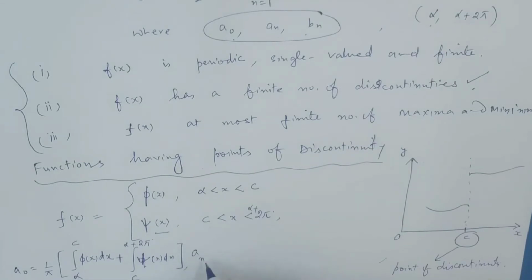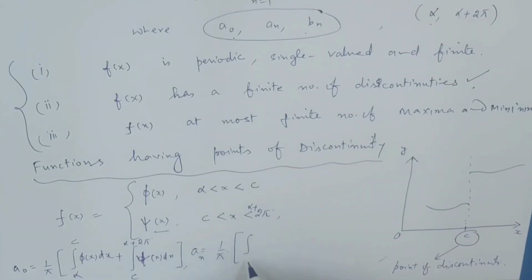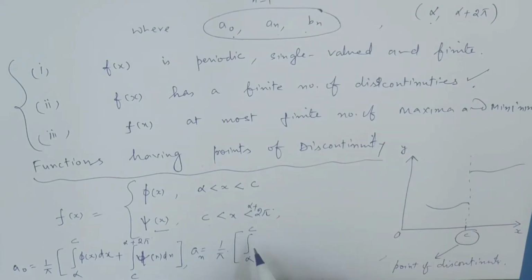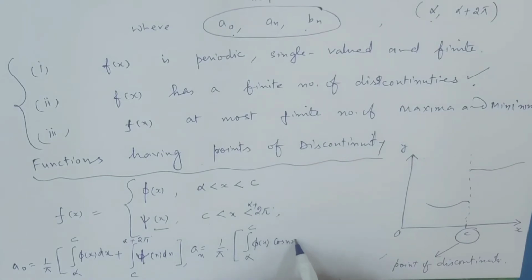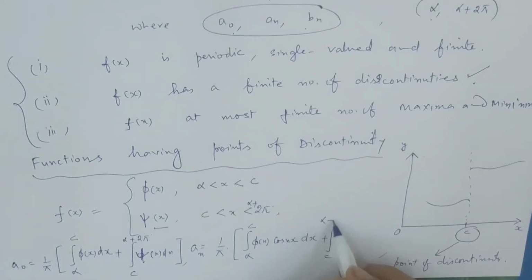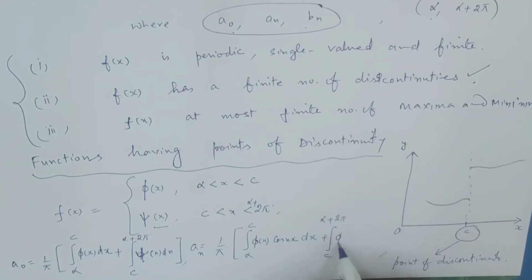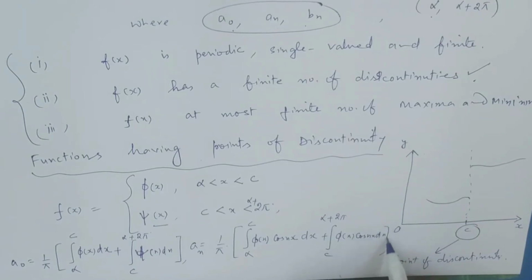Similarly a n is equal to 1 by pi, integral alpha to c of phi x cos nx dx, plus integral c to alpha plus 2 pi of psi x cos nx dx.